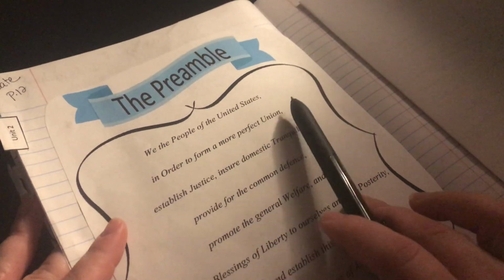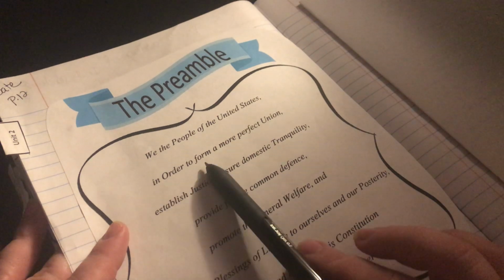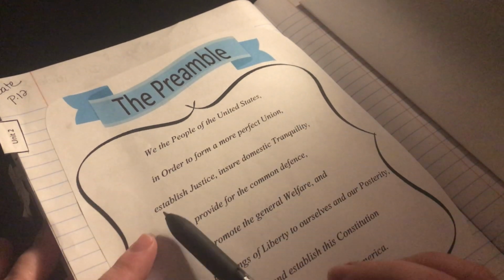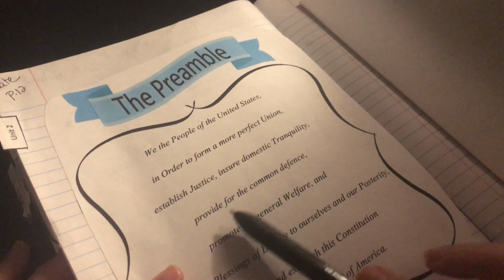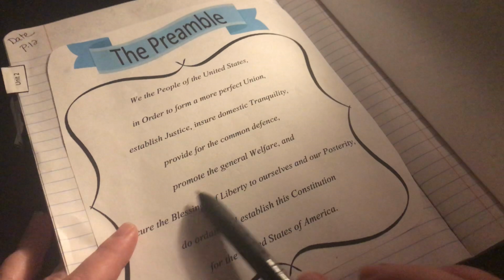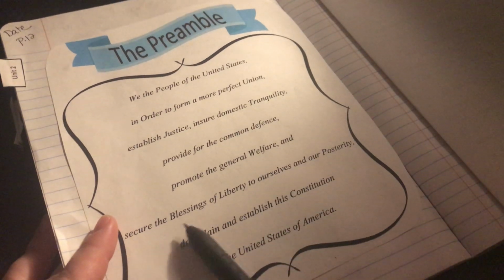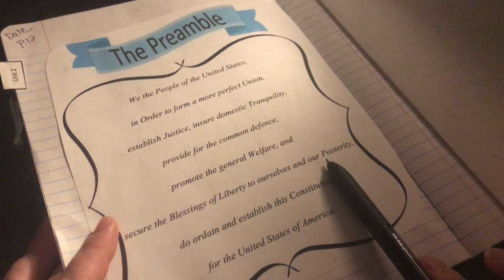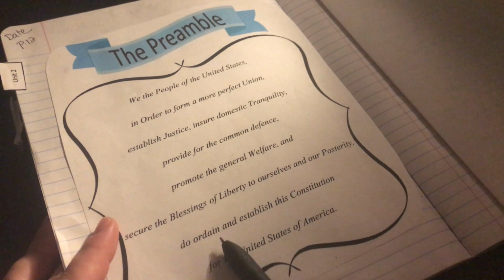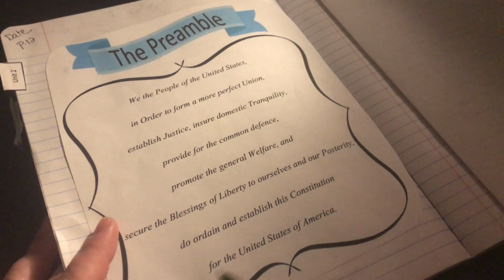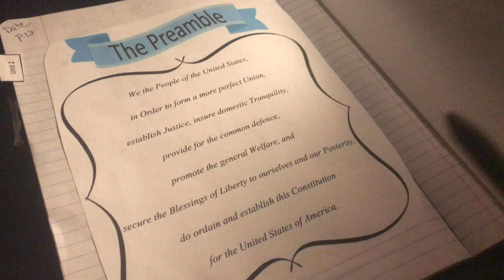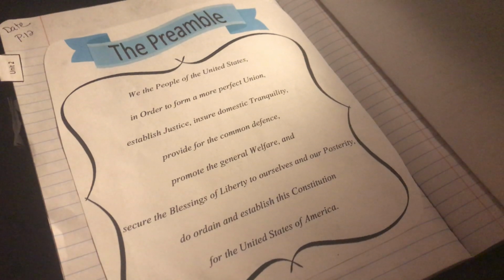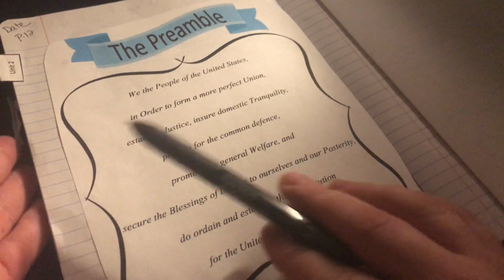So: We, the people of the United States, in order to form a more perfect union, establish justice, ensure domestic tranquility, provide for the common defense, promote the general welfare, and secure the blessings of liberty to ourselves and our posterity, do ordain and establish this Constitution for the United States of America. So this is beginning the reasons why the Founding Fathers wrote our Constitution.